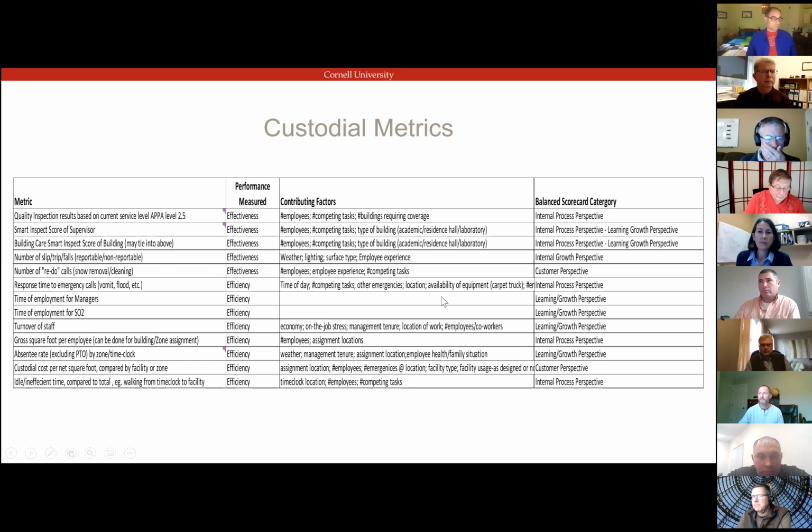Okay. What's the time of employment for managers, time of employment for SO2? Is this seniority on the job, or what is this? Todd and I traded some notes. It was seniority or years of service, months of service. So you could balance a really good or a really bad score with how long that person has been around.